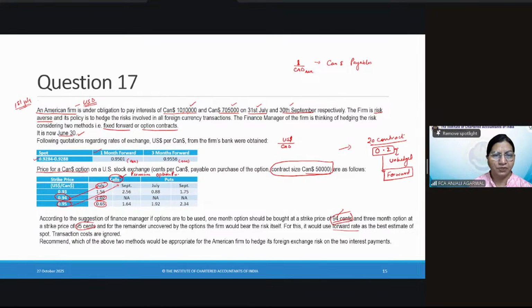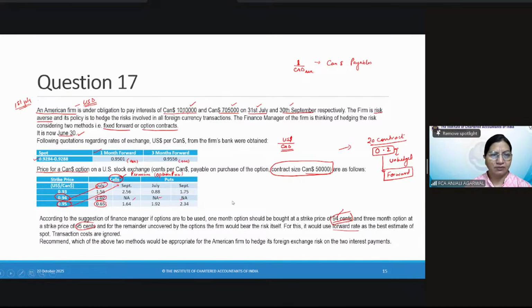Why do we have a not applicable? Not available here. Now, further, what you will see here is we need a call option because we need to buy the Canadian dollar. There is one more thing which we can do. However, we will not speculate there at present.